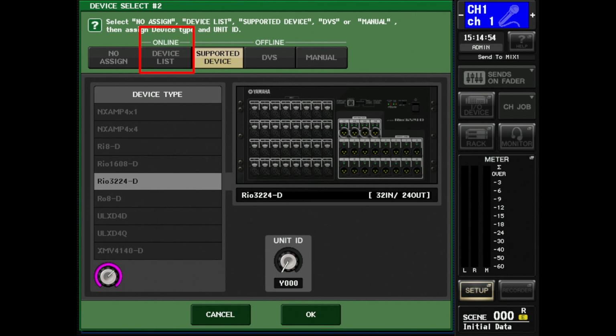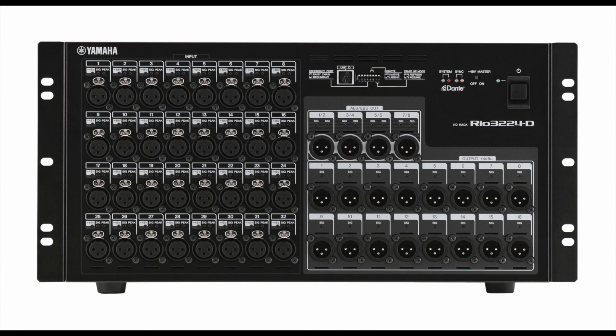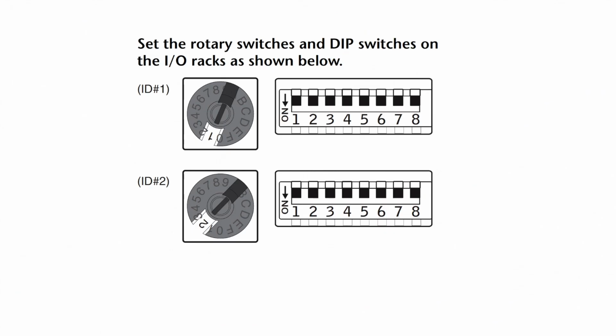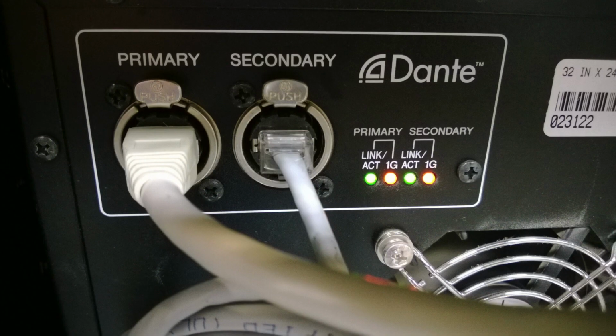But before you proceed onto the Online Device tab, you need to hardware set the Rio I/O racks by rotating the rotary knobs to a specific ID number. And of course, be sure that you have cabled in the Rio I/O racks based on daisy chain or redundancy setup, utilizing the primary and the secondary ports to network.